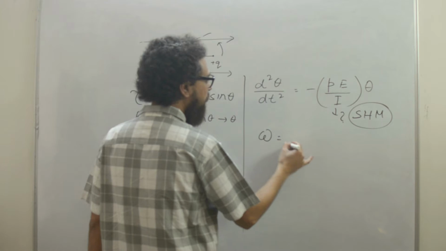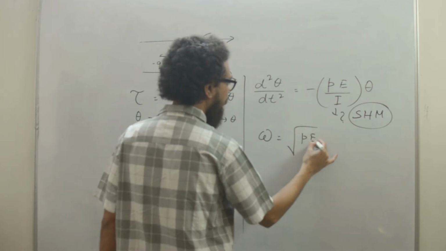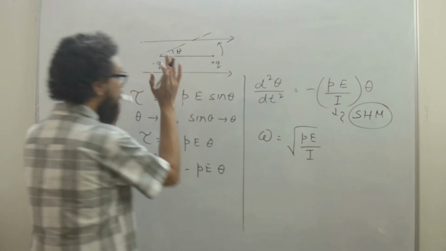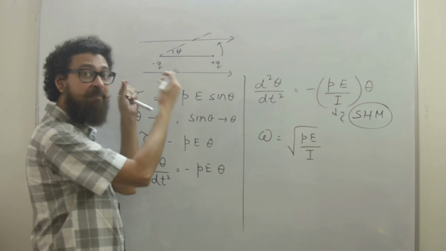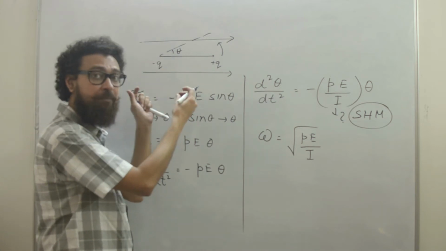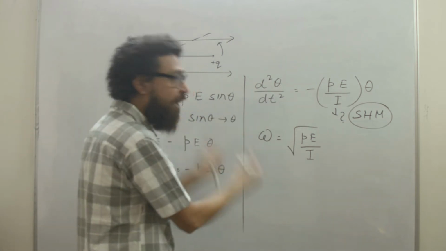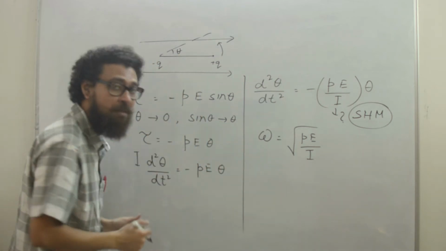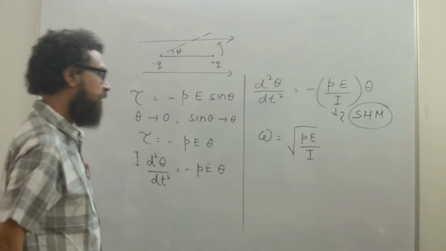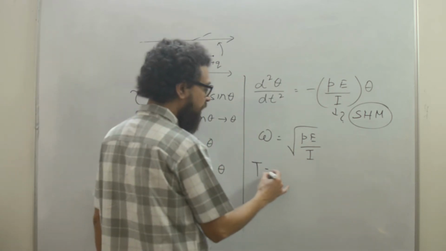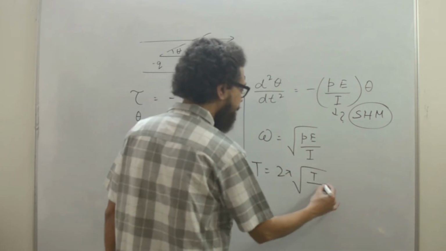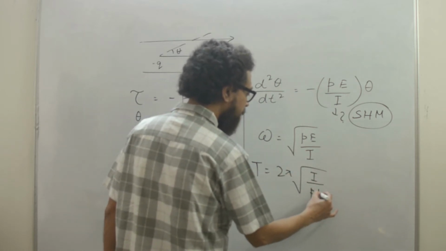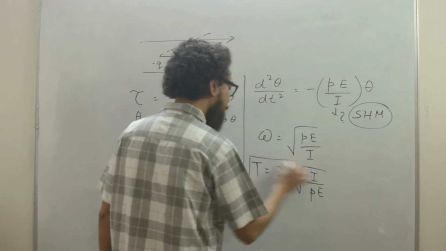So omega is the square root of PE by the moment of inertia of this system. Assuming the charges have masses, however small, they have masses, so the system has a moment of inertia. So what is the final time period of this particular motion? You can easily write it. So this is the time period.